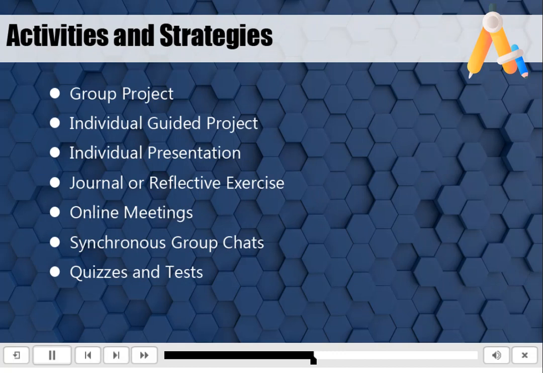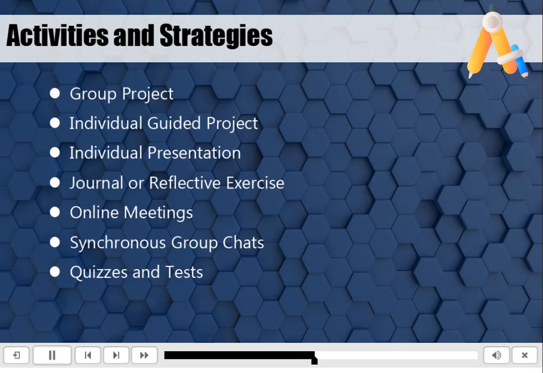Another one could be a group project. Again, this has very specific learning objectives, and the instructor is going to receive project updates from the learners. So the learners will be collaborating and researching, analyzing, preparing a project, and then submitting those parts along the way to the instructor for substantive feedback.